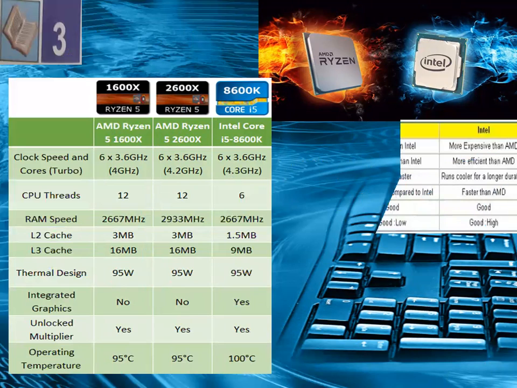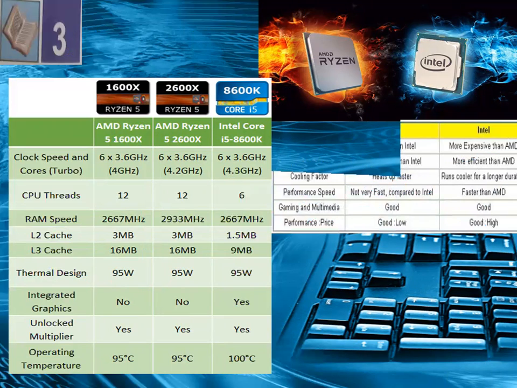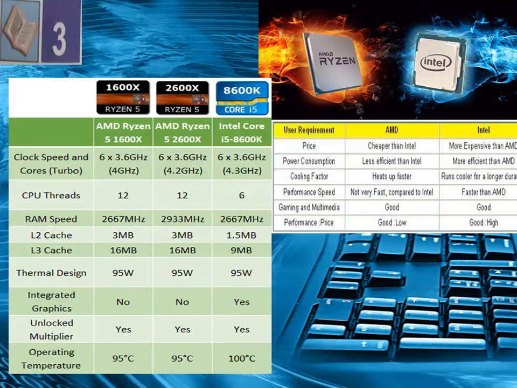So this is the comparison between the AMD and Intel manufacturers. First, clock speed and cores. In AMD we have 6 cores at 3.6 gigahertz, and in Intel Core we have 6 multiplied by 3.6 gigahertz. CPU threads: here we have 12, and in Intel we have 6.